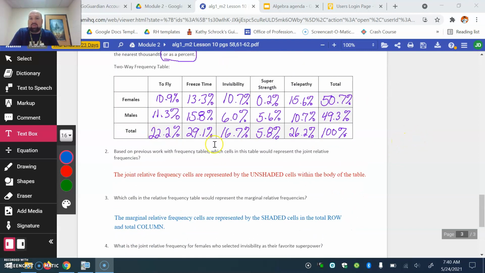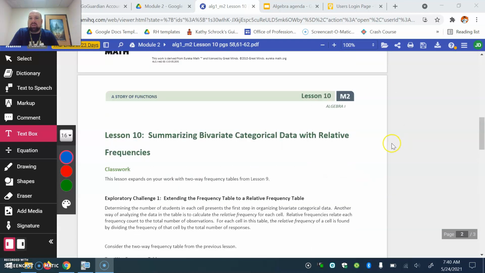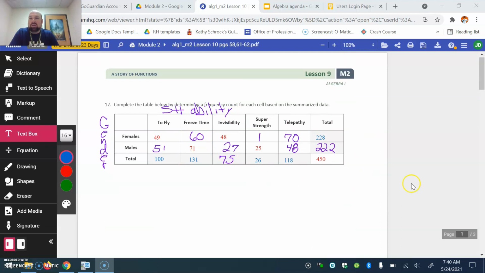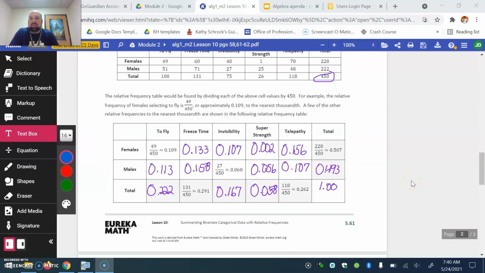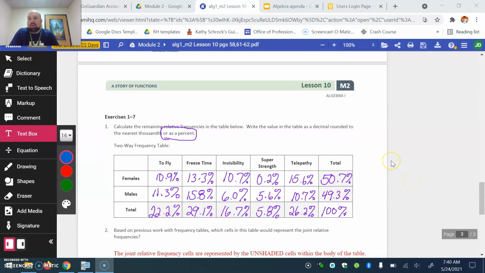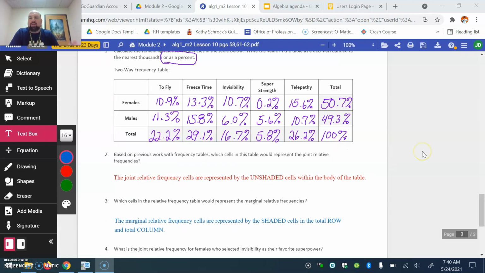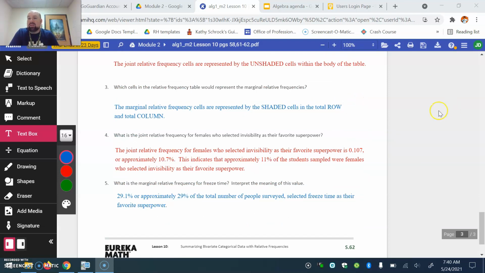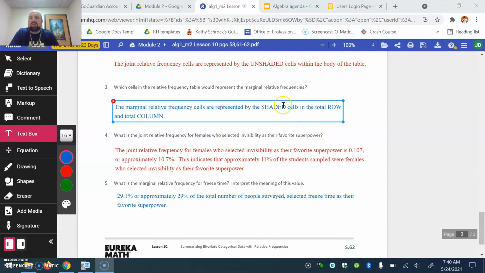Once you are able to fill in the table, whether it is what we did in the very beginning, knowing what numbers go where, or converting them to a decimal, or converting them to a percent, then you use those numbers to essentially answer these questions. And it's pretty straightforward. And then it's just understanding which is the marginal and which is the joint frequency.